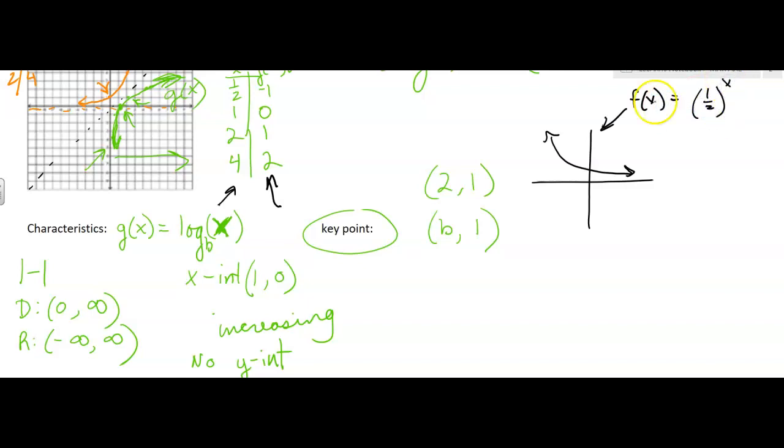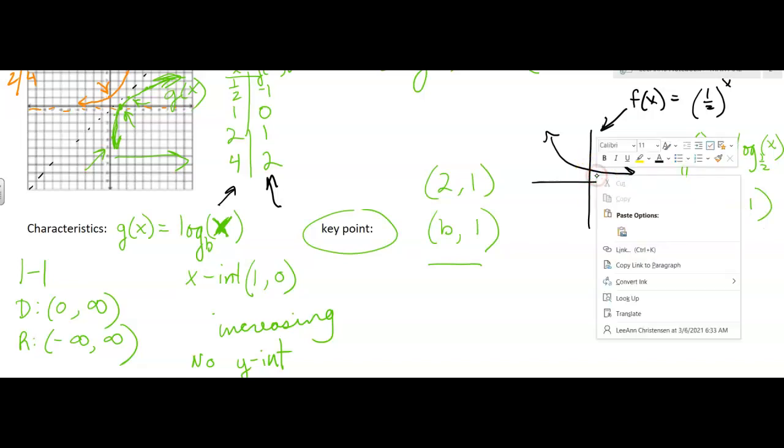What happens when we switch that around and say g of x is going to equal log base 1/2 of x? Well, then it's going to look different. You're still going to have your key point, b, 1, so in this case it'd be 1/2, comma, 1. So think about just going over 1/2 and up to 1.